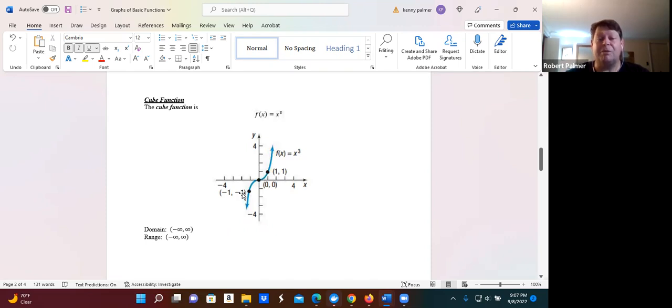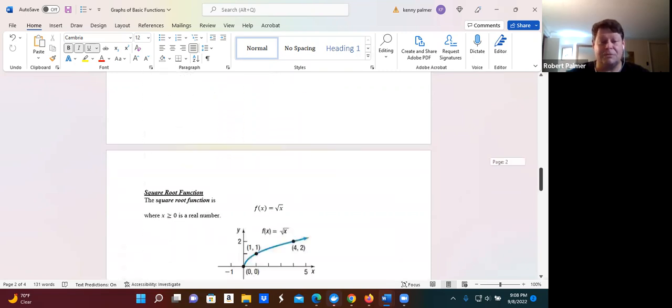If you plug in a negative number, such as -1, you also get a negative number, so you get -1. Those are not the most revealing. If you plug in, for example, 2, which isn't shown, 2 cubed is 8, or -2 would be -8. Like the square function, our domain is all real numbers. In this case, since the output can be negative numbers, our range is also all real numbers.